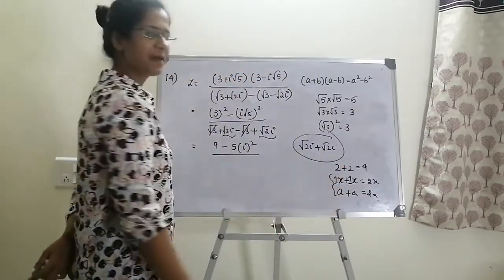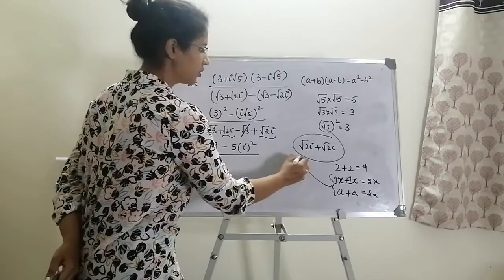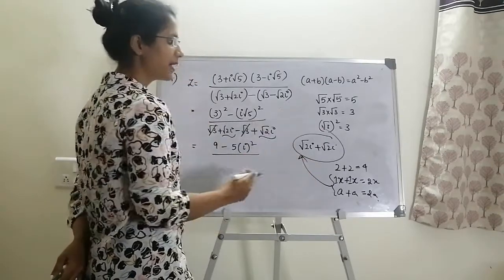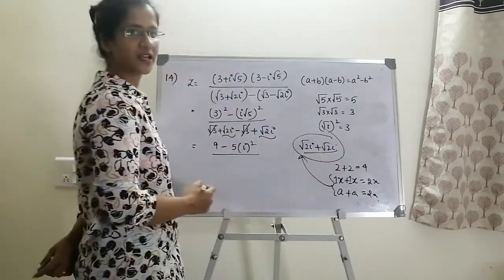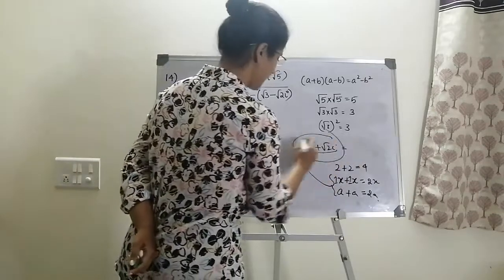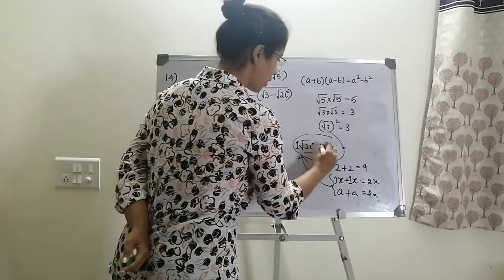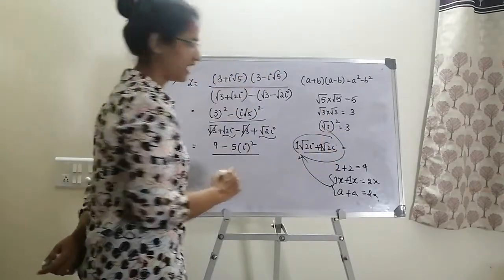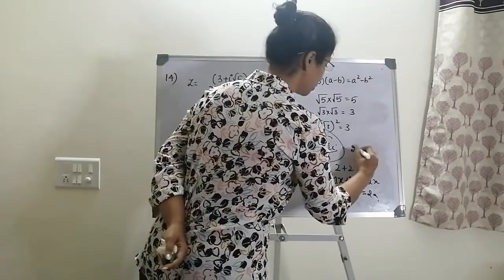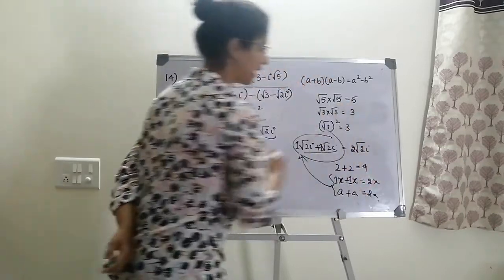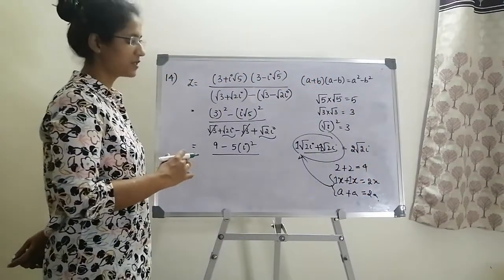Likewise, using the same logic, if I compare it with this particular expression here, what will be my answer? I have 1 times root 2i plus 1 time root 2i will be equal to 2 times root 2i. I hope this concept is very clear.